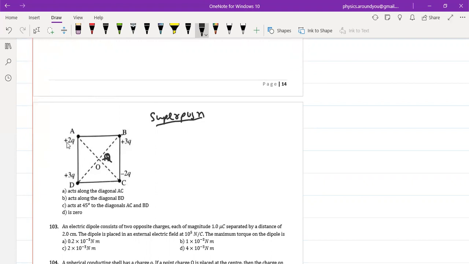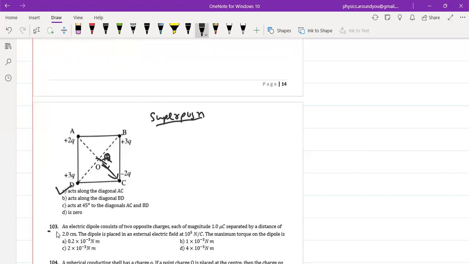The force between plus 2q and Q is in this direction because they repel. But Q and minus 2q attract. So the total force due to plus 2q and minus 2q acting on capital Q is towards C. The total force should act along the diagonal AC.